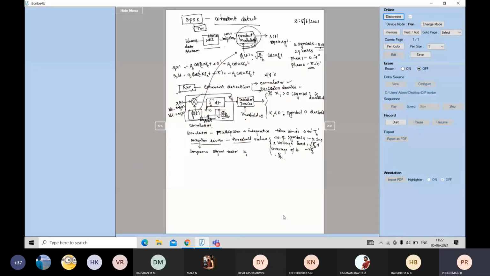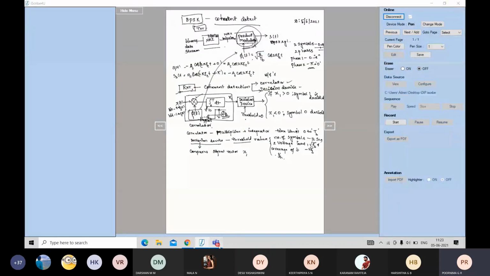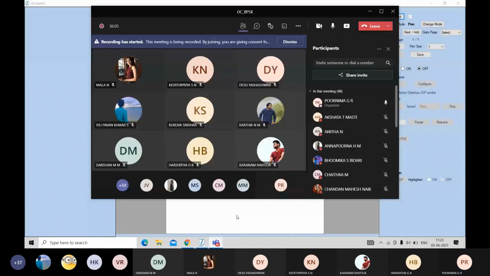Students, you speak out. Are you there? Yes, are you there? Which is the signal vector we are supposed to consider here in the block diagram?